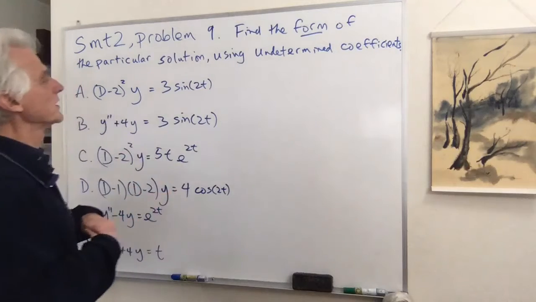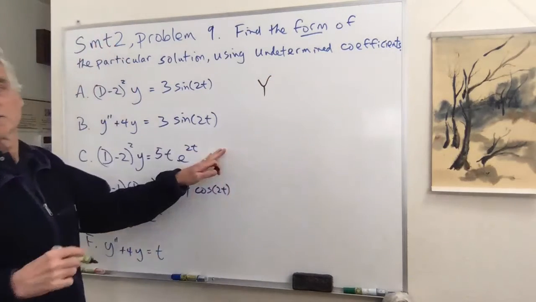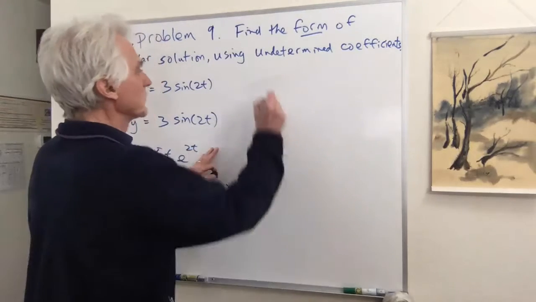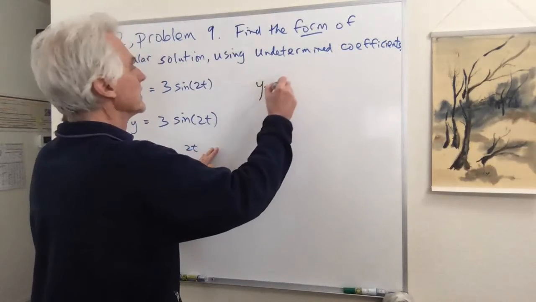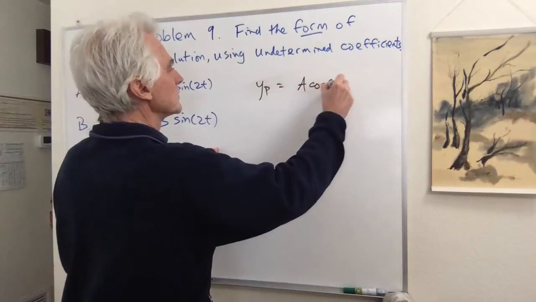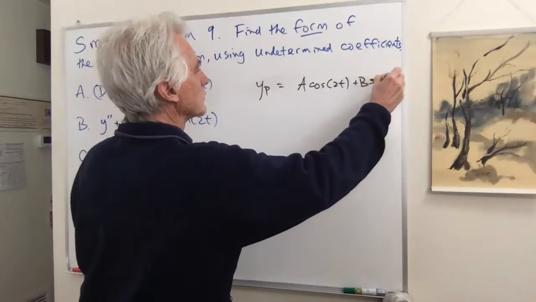For this first one, by the way, I'm going to start with rule 1. Actually, we're using YP. So YP is going to be A cos 2t plus B sine 2t.